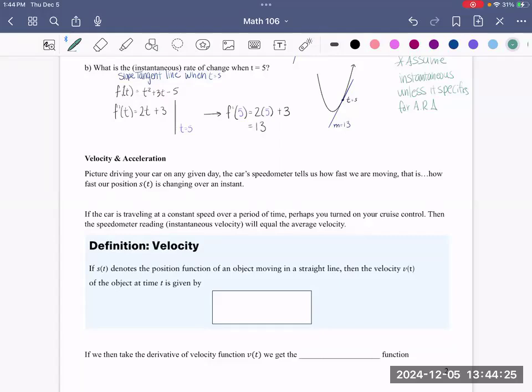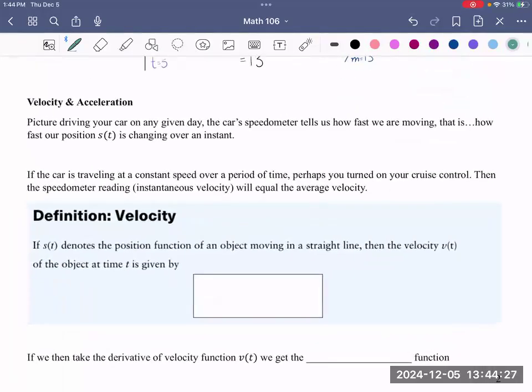If S of t denotes the position function, where you are, of an object that's moving in a straight line, then the velocity of the object is given by distance over time. That's how you typically get your velocity.